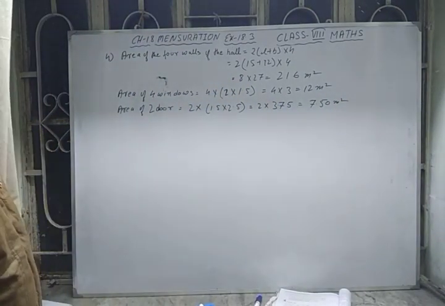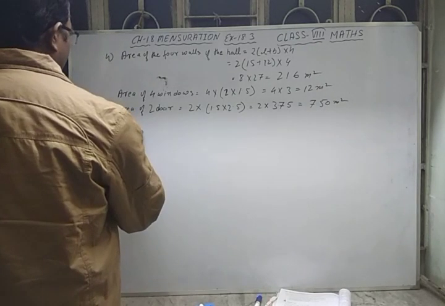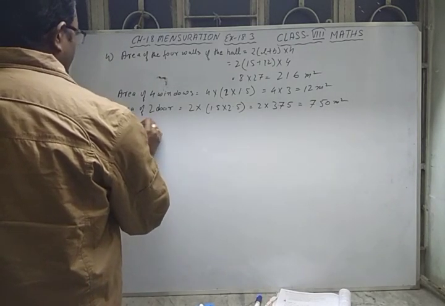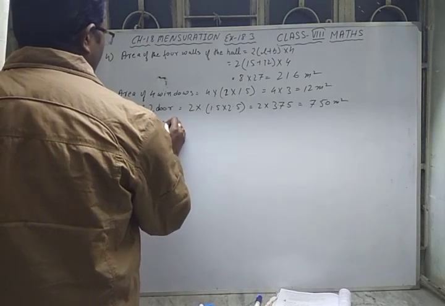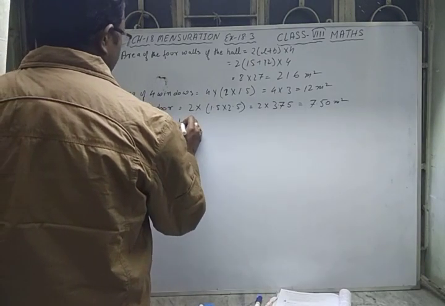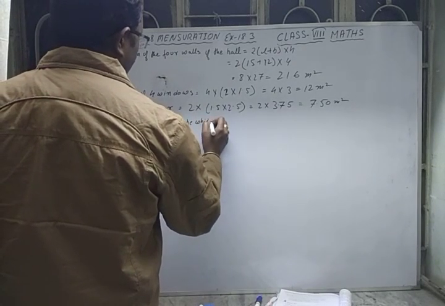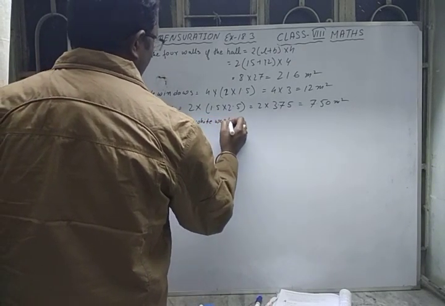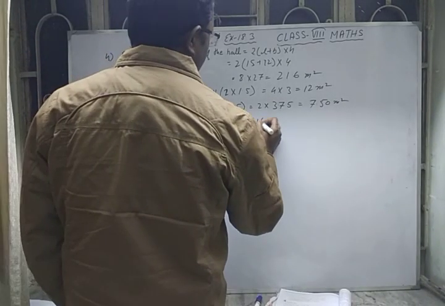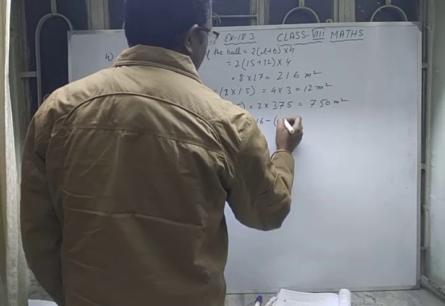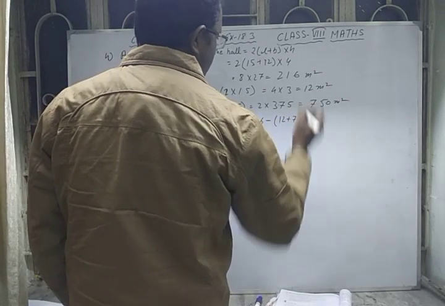So now the area of the walls to be whitewashed. Therefore, the area of the walls to be whitewashed is equal to the total area of the walls minus the area of the doors plus the area of the windows.